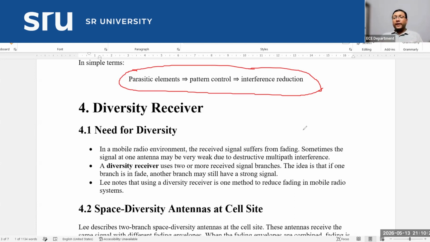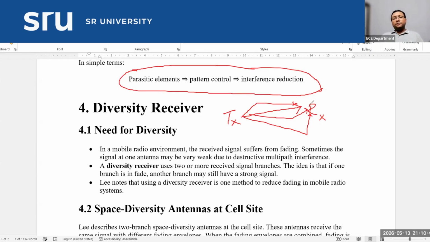Now, suppose this is transmitter, this is receiver. So the signal can travel. This could be some direct path. This could be some reflected path. This could be another reflected path, and another reflected path, and so on.